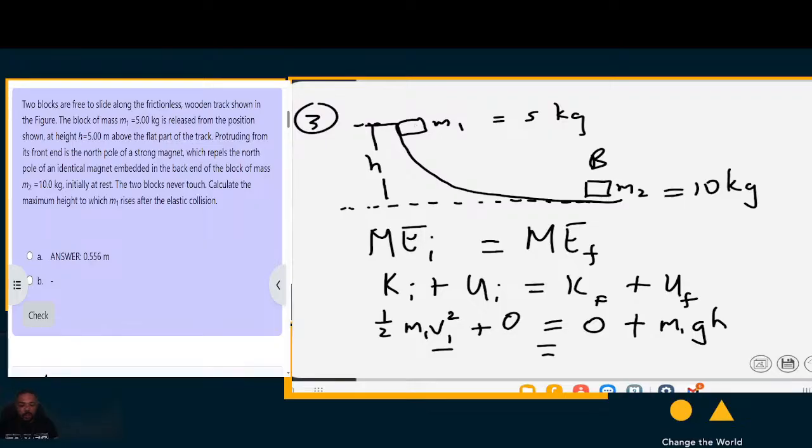So we are watching this block as it bounces and then goes back after the collision: its final velocity before the collision and its potential height after the collision.